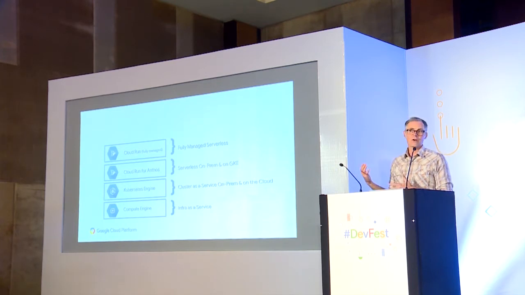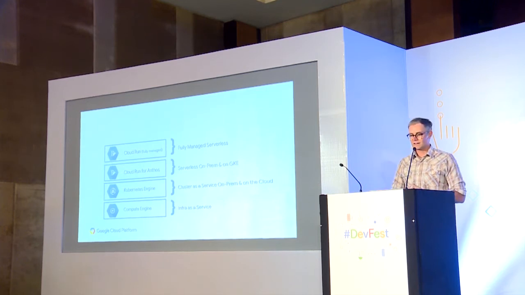So there's some things I can't do in Cloud Run Fully Managed, like if I want to be able to use a VPC, that's not something that Cloud Run Fully Managed supports today. So there's some trade-offs, but on the other side, I don't have to manage anything in this case. Everything is managed for me underneath the cover. So the load balancers, the domain stuff, there are so many pieces that are managed for me.